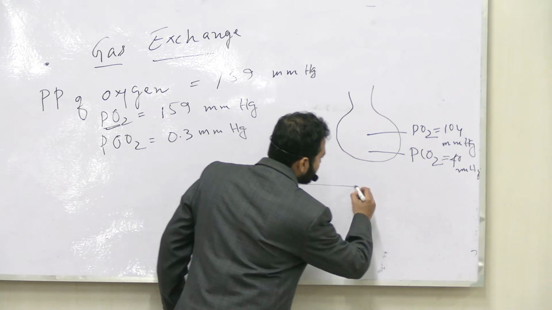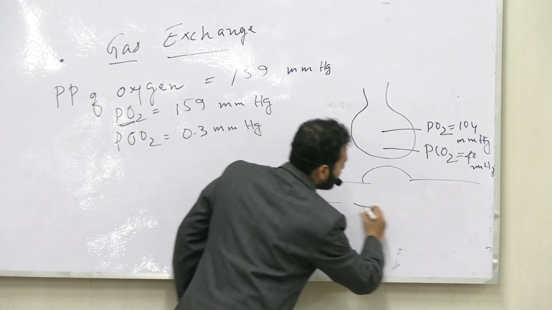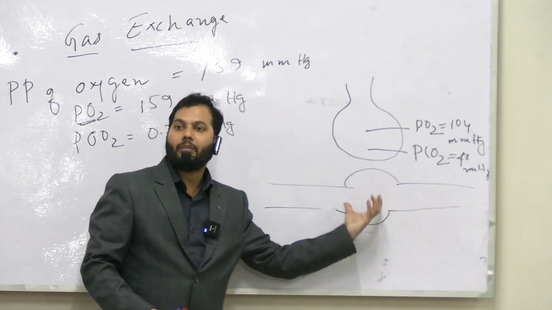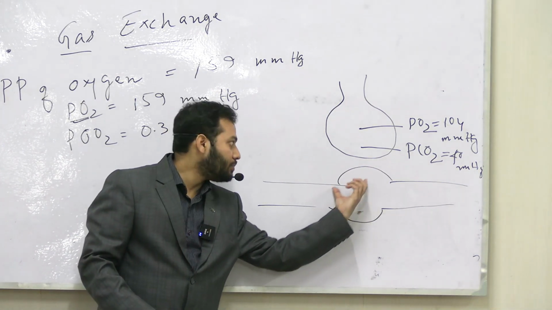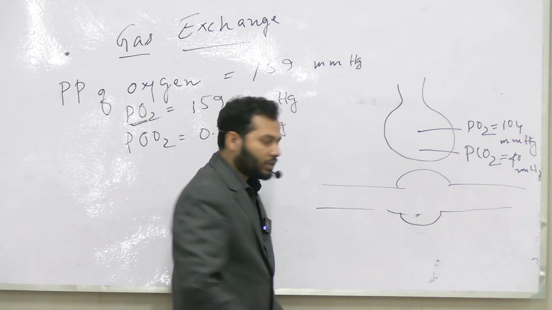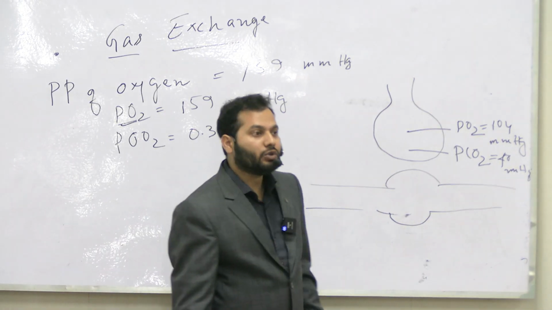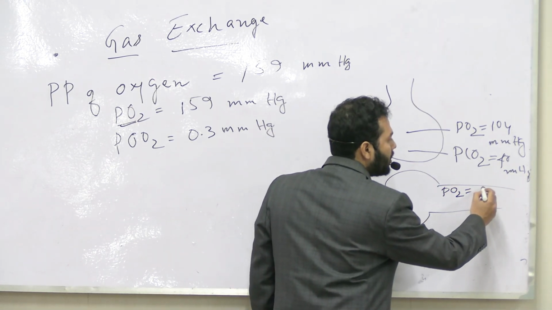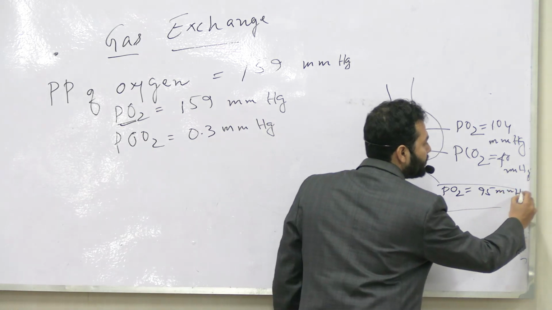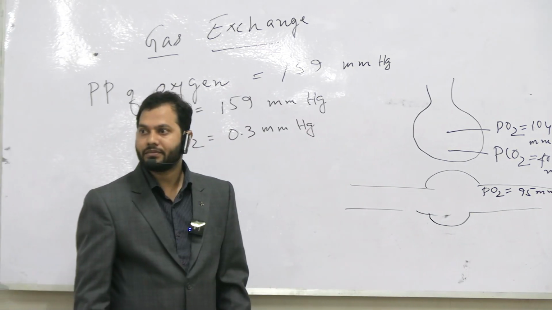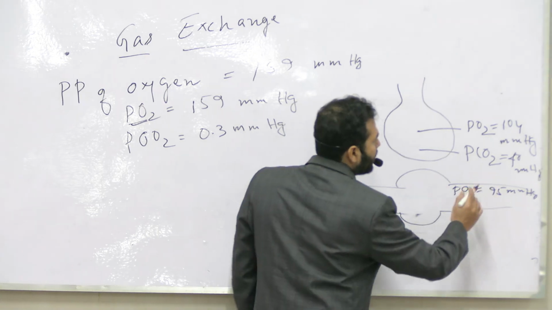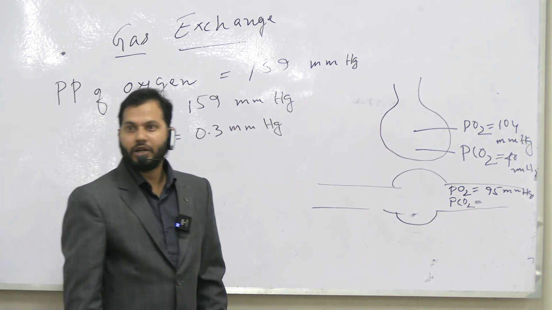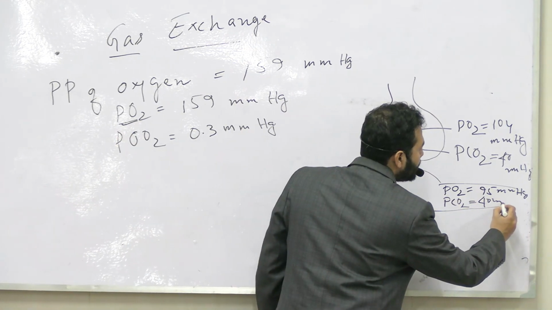Now see, this is the capillary, or pulmonary capillary, right? This part is the pulmonary capillary. Now see, in pulmonary circulation, if you see the pressure difference, PO2 is around 95 mmHg, right? And PCO2 is around 40 mmHg.